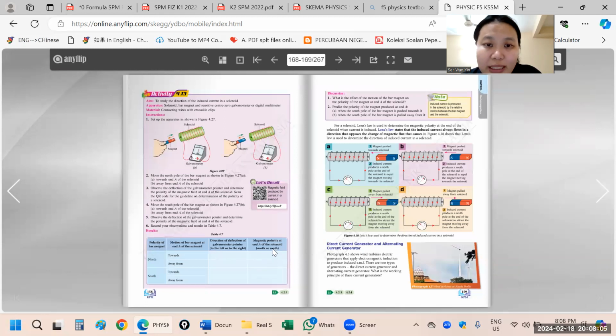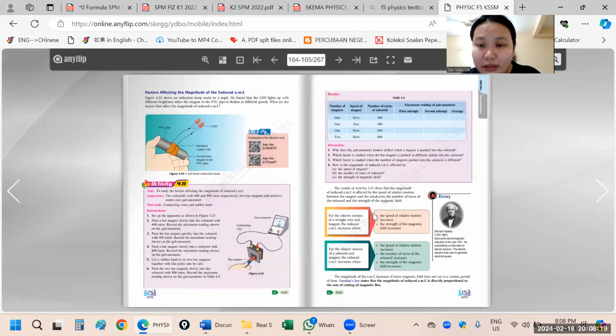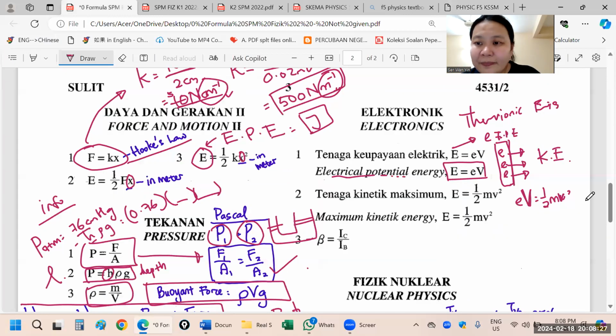Direction to the left, to the right, doesn't matter, don't worry. So you just need to remember Lenz's law: opposite to the change of magnetic flux. Lenz's law is about direction. Faraday's law is about how much current is induced, depends on the rate of cutting of magnetic flux. Okay, so do not worry too much.